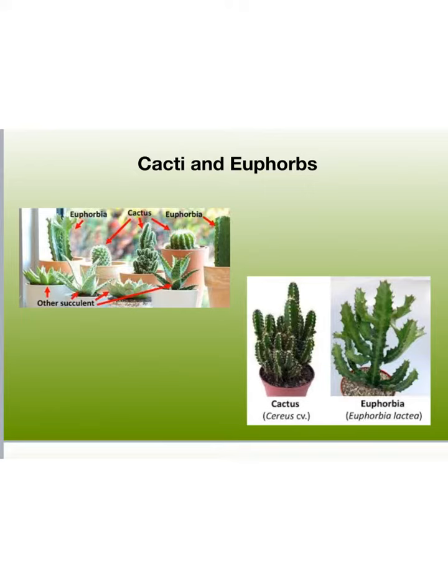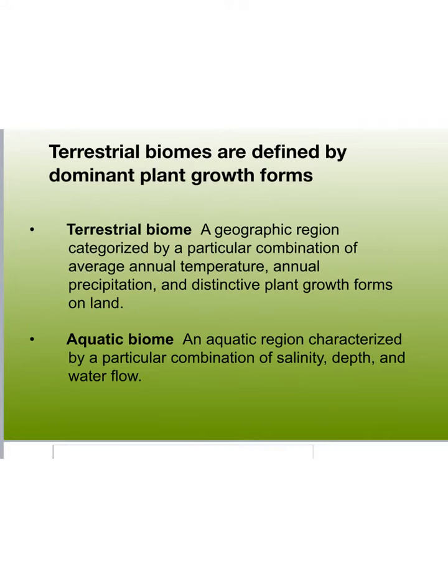And as a result, terrestrial regions are categorized by their biomes, by the vegetation that is there. So when we say biome, we're talking about a geographic region that's categorized by a particular combination of not only temperatures and precipitation, but also the vegetation.